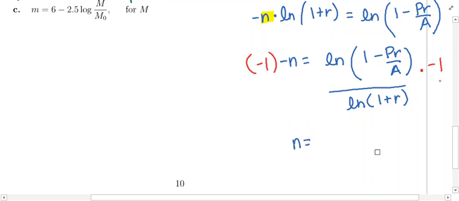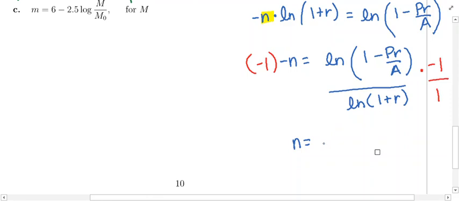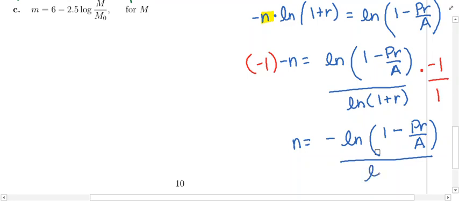If you are multiplying by negative 1, remember you're multiplying by negative 1 over 1. You need to multiply either the top or the bottom by negative 1, but not both. So the final answer is going to be n equals negative natural log of 1 minus p times r over a divided by the natural log of 1 plus r.